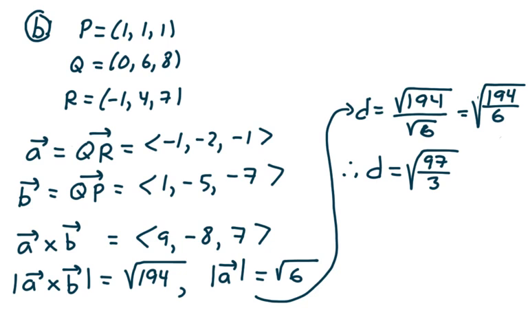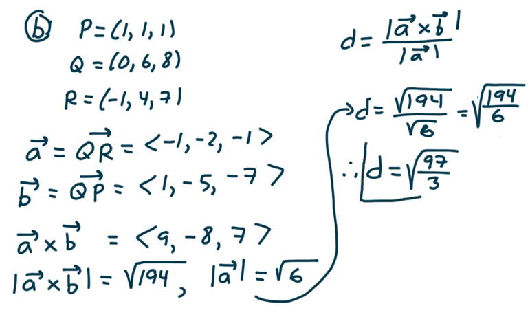So remember, D is the magnitude of A cross B, I'm just applying part A to this problem, divided by the magnitude of A. And if I put everything together, I get D equals the square root of 194 divided by the square root of 6. And if I simplify this, I get D equals the square root of 97 thirds.